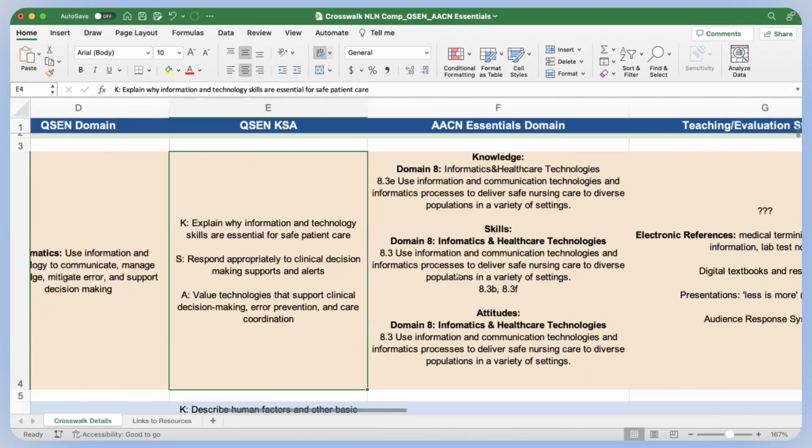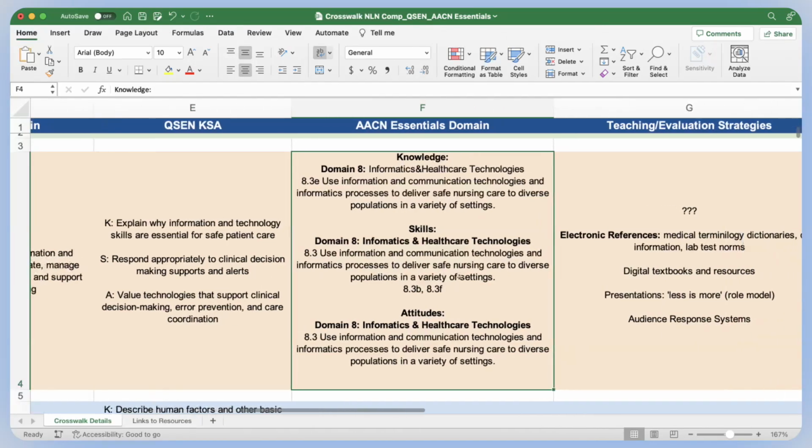The Essentials domain that aligns with informatics includes domain 8, informatics and healthcare technology, specifically 8.3E, using information and communication technologies and informatics processes to deliver safe nursing care to diverse populations in a variety of settings.